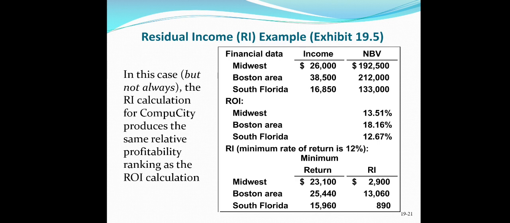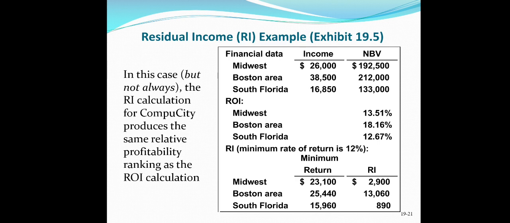That is one system that can be used to measure performance. RI is another method that can be used to measure the performance. In this calculation, the minimum rate of return is 12%.